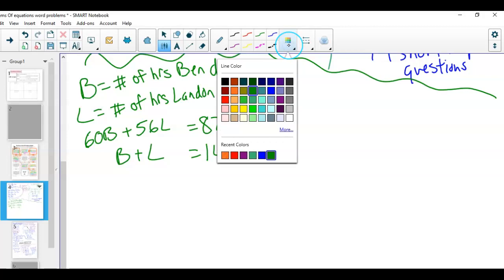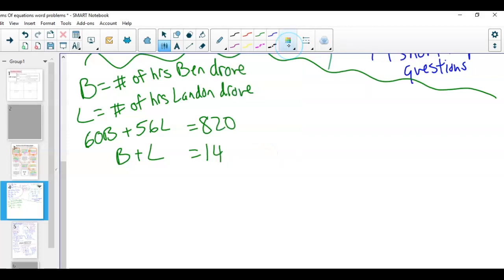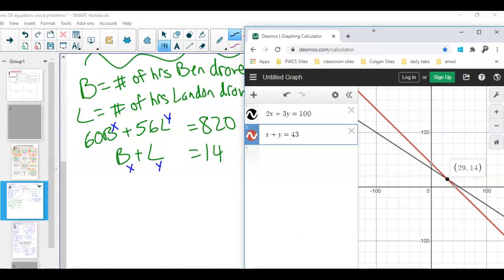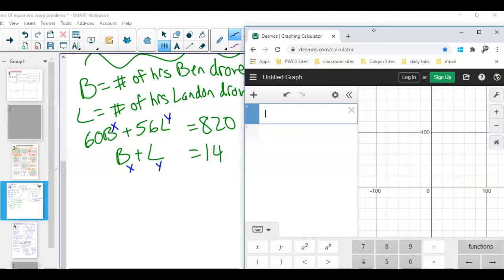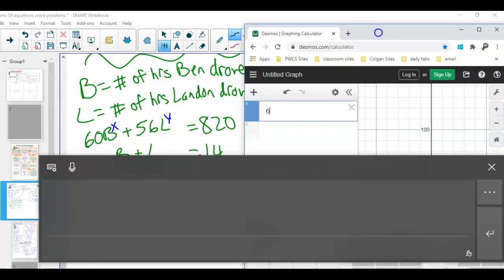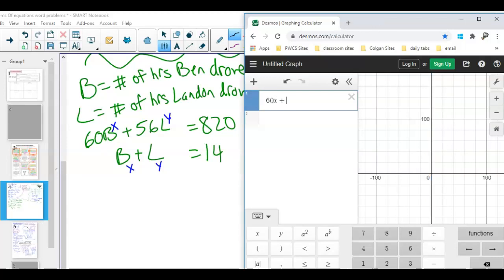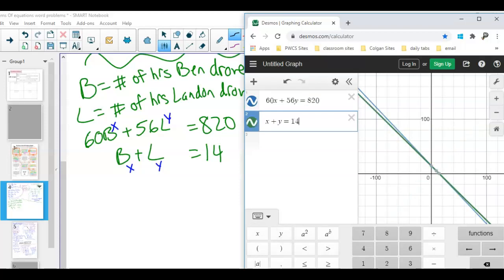Right? Because this video is getting a little lengthy, for sake of time, I'm going to graph this one as well. So 60x, I don't know why that keeps popping up, plus 56y equals 820, and then x plus y equals 14.